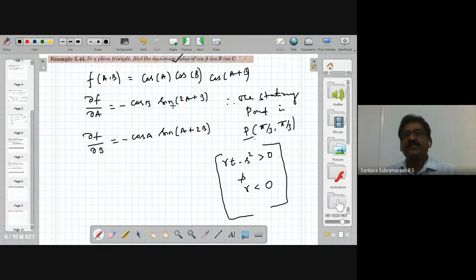So therefore we have to choose. How to do that? We have to go for R, R equal to dou square F by dou A square.